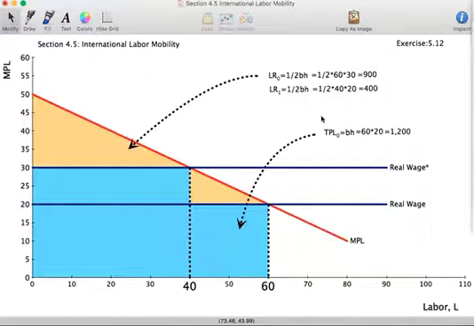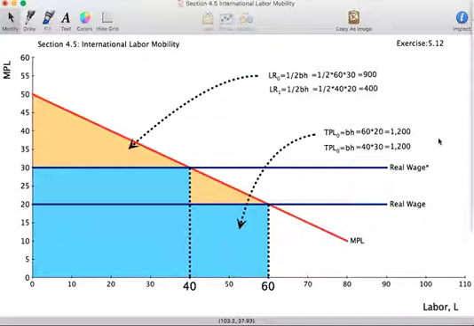Let me copy this and duplicate it. So the base is now equal to 40. The height is equal to 30, and that gives us back to that 1,200.